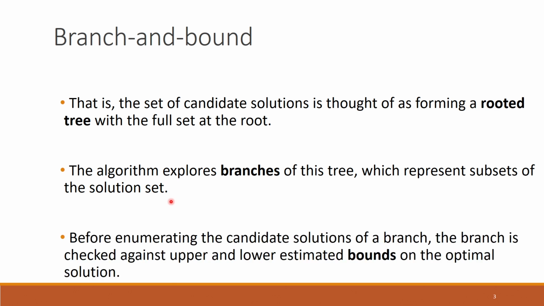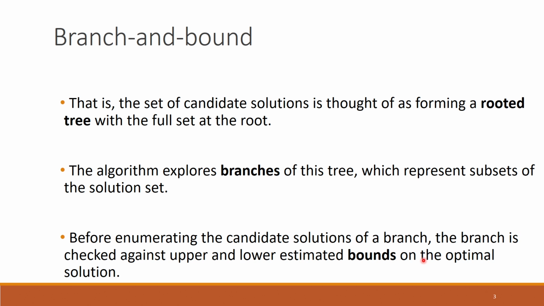So, before enumerating the candidate solutions of a branch, the branch is checked against the upper and lower estimated bounds on the optimal solution. What does it mean? Before we start to focus on all the solutions of a particular region of the feasible set, that is a particular branch, we will sometimes be able to argue what the best solution this feasible region can give.